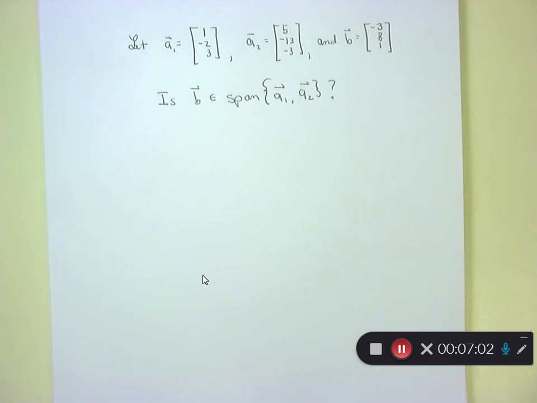Now, here's the big deal on this one. What does it mean for a vector to be in the span? All right, terminology. For a vector to be in the span of a set of vectors, the vector must be a linear combination of those vectors. So B has to be a linear combination of the two vectors A1 and A2.